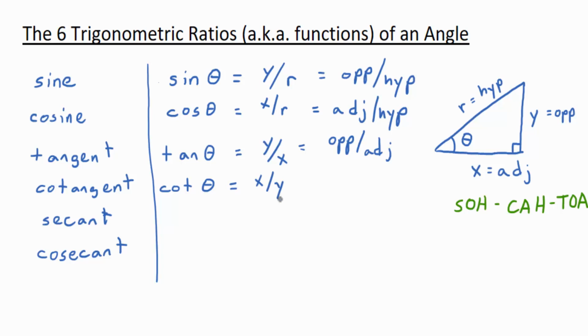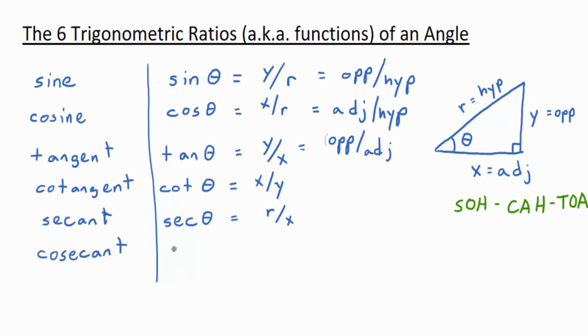And I'm not going to bother putting adjacent over opposite, but it is true that cotangent's equal to flip this guy, adjacent over opposite. And then secant of theta, SEC for short. Yeah, it does turn out to be the reciprocal of the cosine. I'll show you how to remember that in a second. R over x.